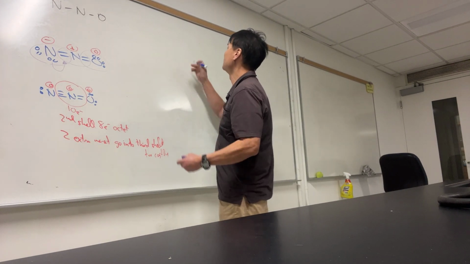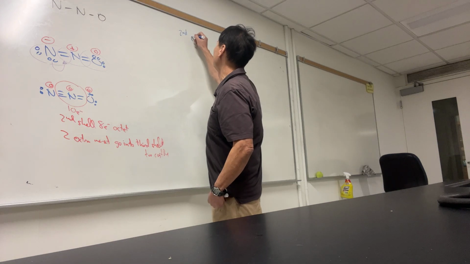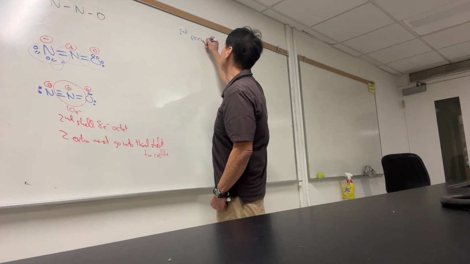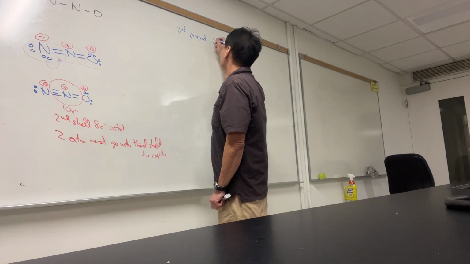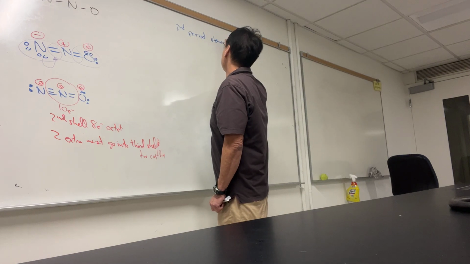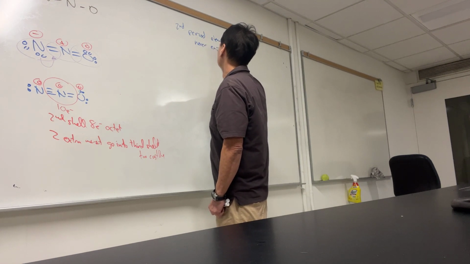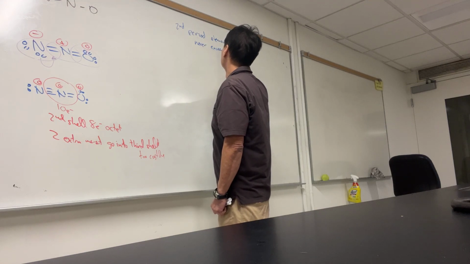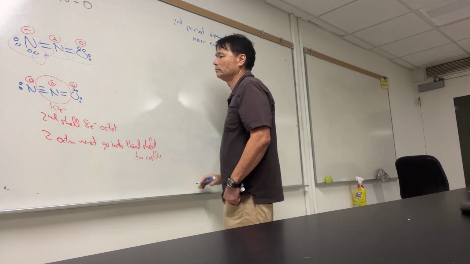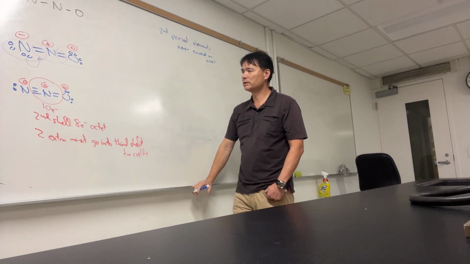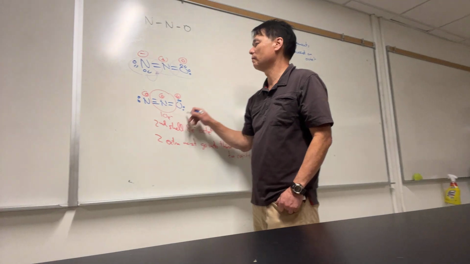The other rule is that second period elements, or second shell elements, never exceed an octet.